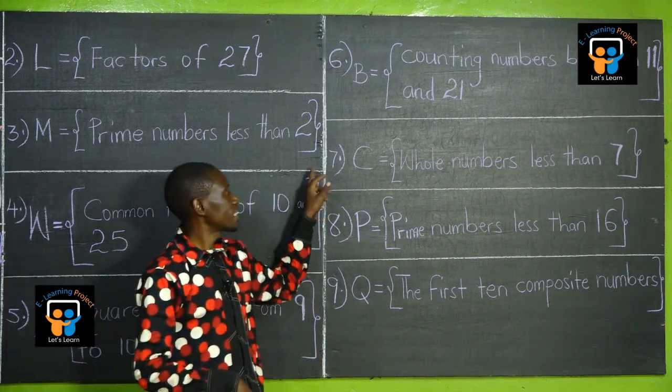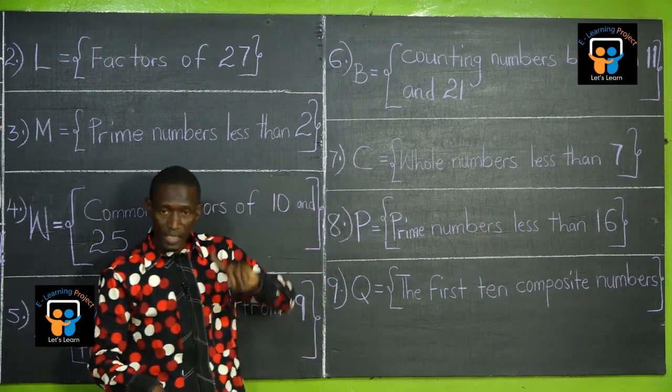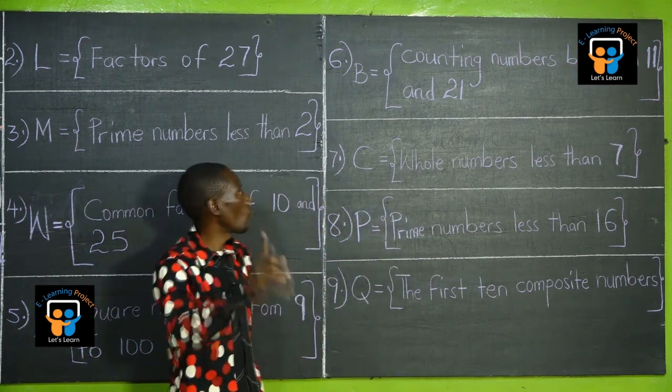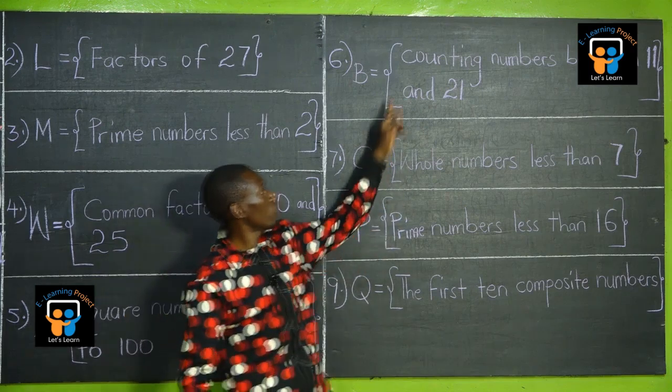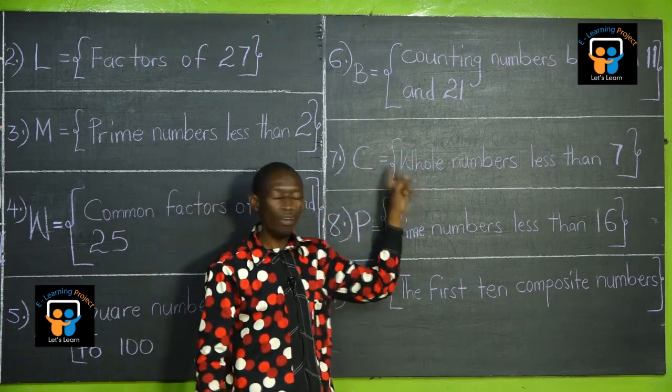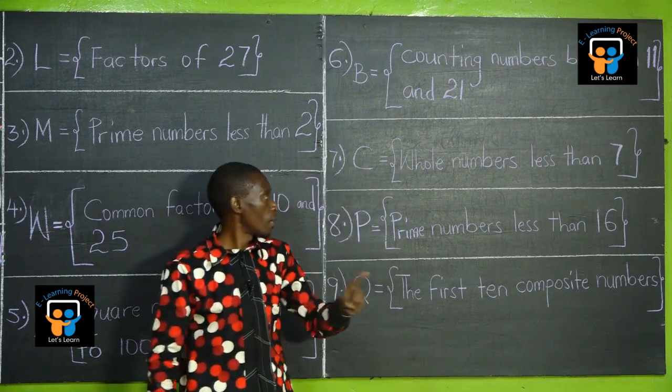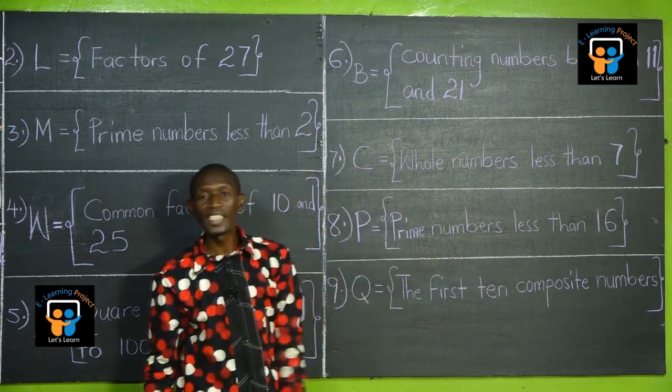Come to number 7. Number 7 is stating whole numbers less than 7. Oh, look at this. Here we have counting numbers and here whole numbers. Remember, the first counting number is 1, but the first whole number is 0.